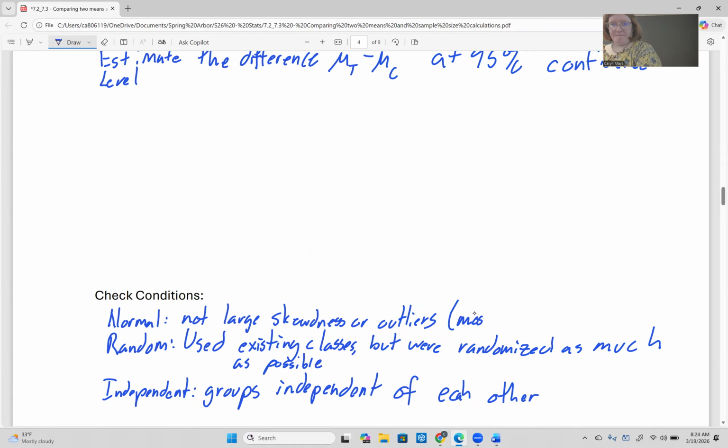What did we hit to plot it again? Zoom 9. That is zoom stat. Mostly normal. The normal quantile plot showed a mostly straight line.